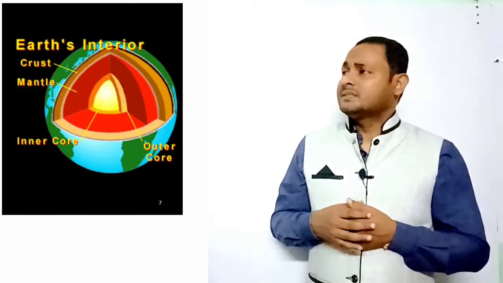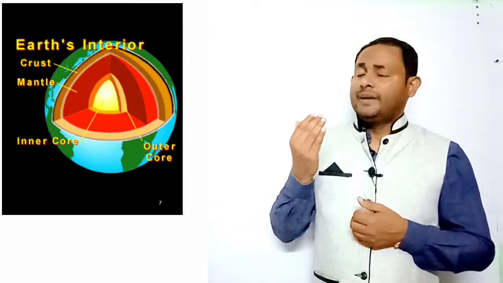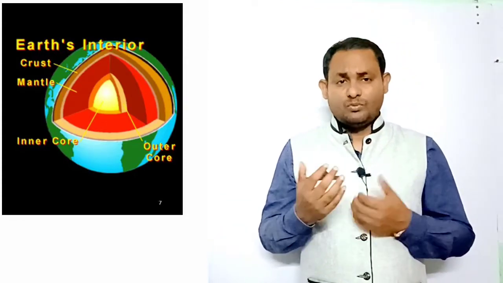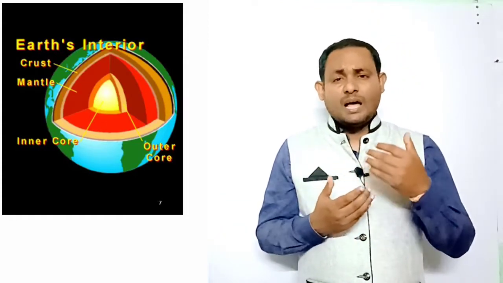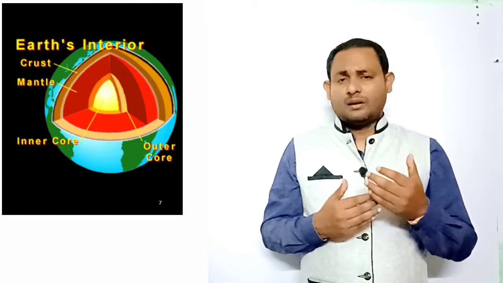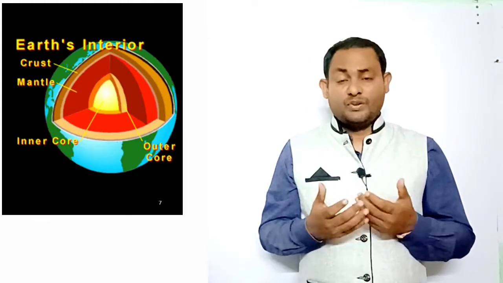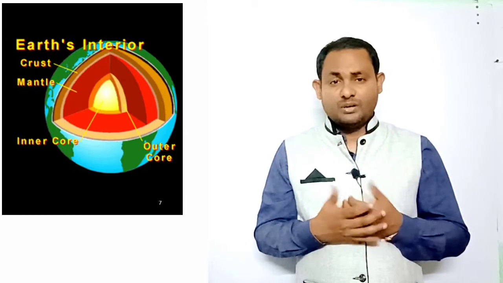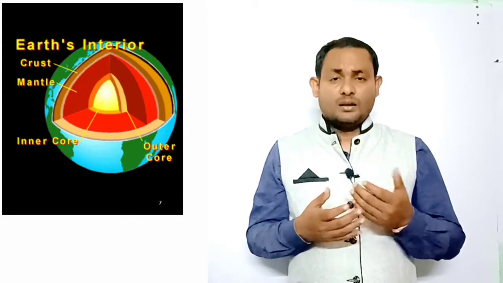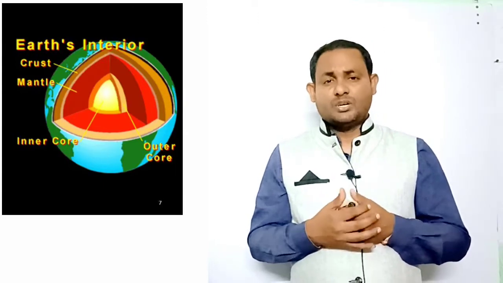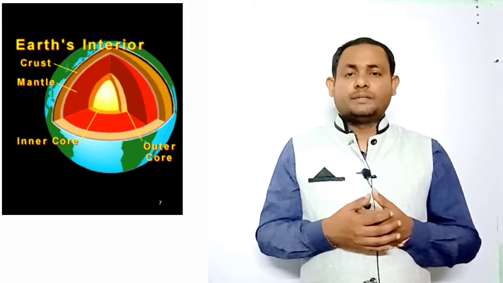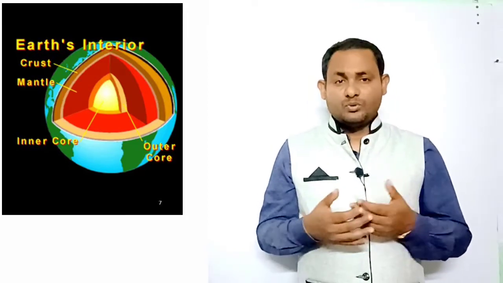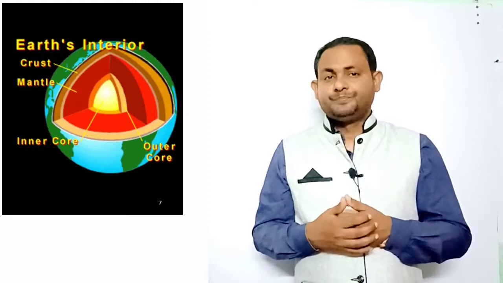The core is made up of very heavy material, mostly nickel and iron, and is sometimes referred to as the NiFe layer. The core makes up about 15% of the earth's volume. Listen carefully: the core makes up about 15% of the earth's volume.